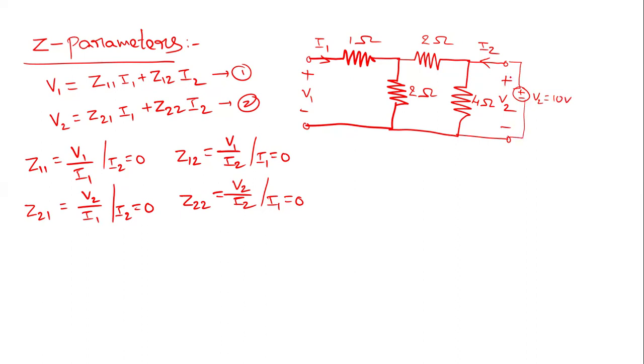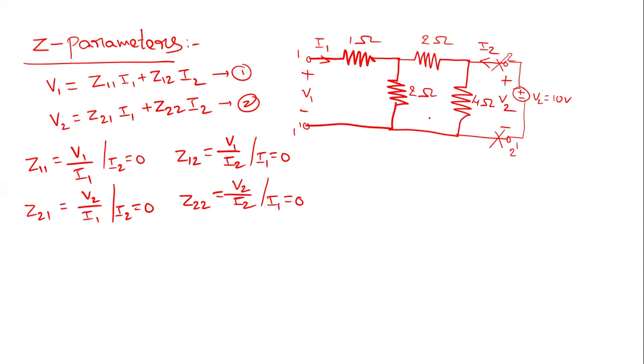To make this I2 0, we need to open circuit these terminals. If the source is connected, we need to disconnect it, so the source is disconnected here at port 2. Let us name this port 2, 2 dash.